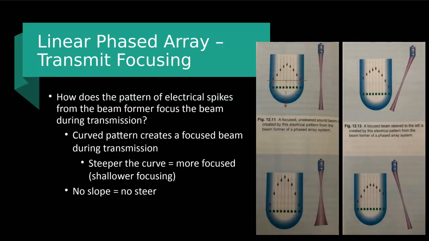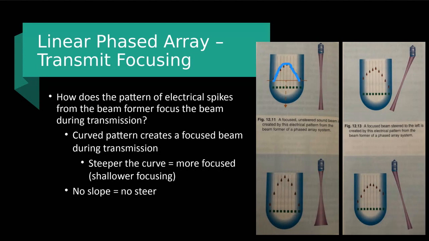So let's look at our pictures here. Again, our electrical signals are exciting our active elements. Our green elements there, our electrical signals are our red little dots behind them. On the previous slide, I think I said that our active elements were the yellow line, but that's not true. They're the green dots. So on our top left picture, we have our electrical signals occurring in a curved pattern.